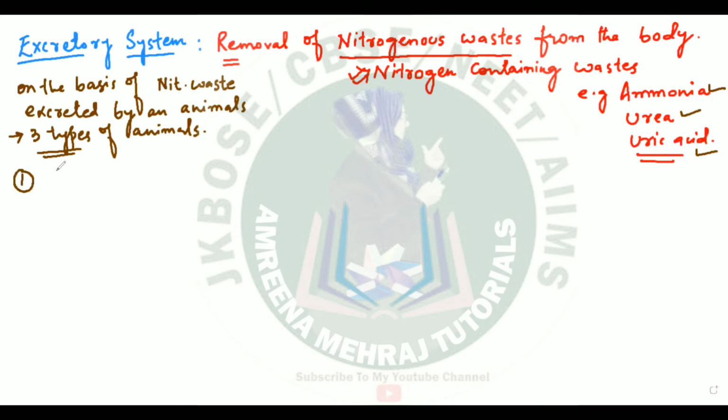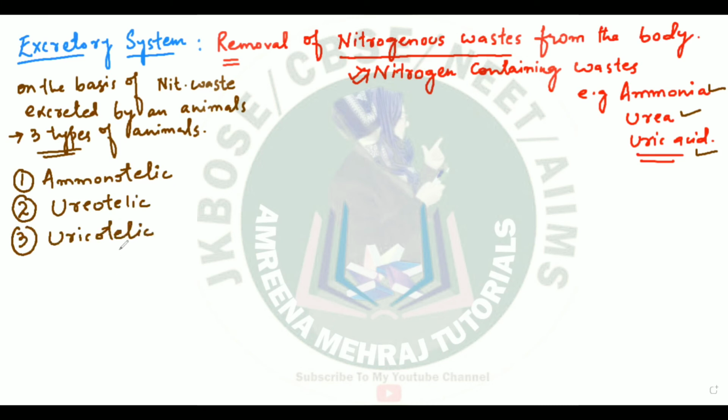The first type of animals are called ammonotelic organisms. The second type of animals are ureotelic. You can guess, it's very simple. And the third type of animals are uricotelic.